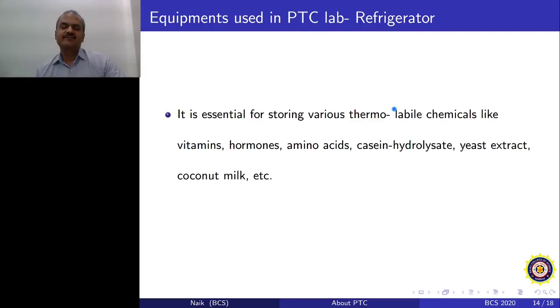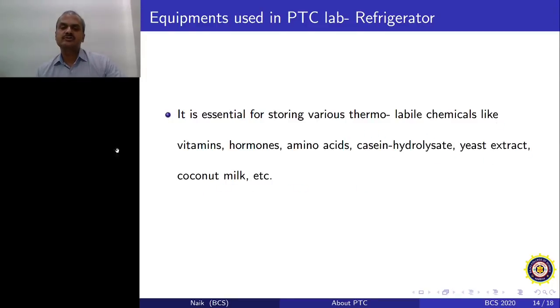We require a refrigerator or any fridge because we want to store various thermolabile chemicals like vitamins, hormones, plant growth regulators, basically cytokinin, auxin, gibberellin and others. They are thermolabile as well, as are amino acids, casein hydrolysate, yeast extract and coconut milk.